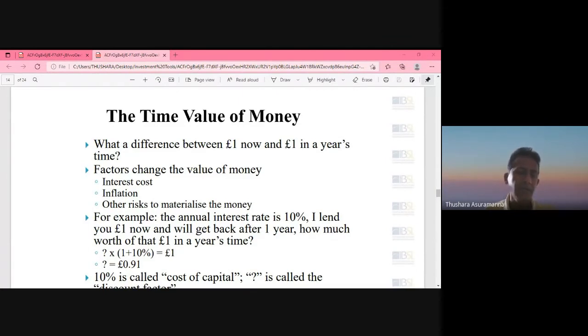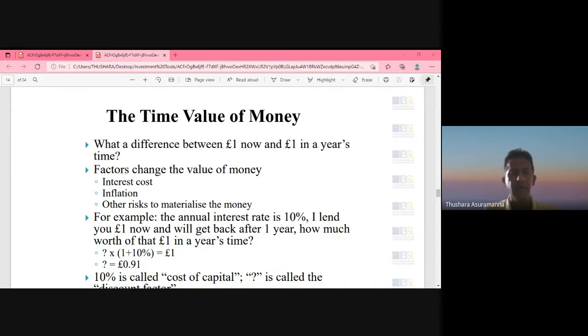In other words, 1 divided by 1 plus 10%, or 1 divided by 1 plus R, is the factor we are calling, right? So if you mean to say that 100 rupees of today has a future value of 91 rupees. Now we are going to compute that. We call this the discounting factor, cost of capital, that is equal to 1 divided by 1 plus R to the power of, we call it N.